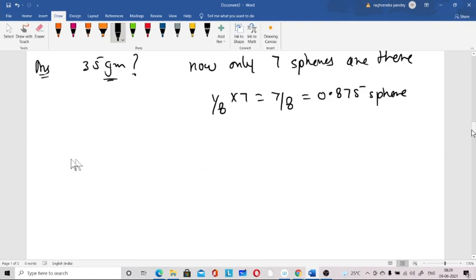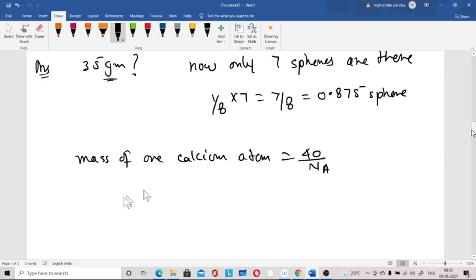Now the mass of one calcium atom is 40 by Na. Earlier it was one sphere, so now we have only 0.875 sphere. So what is the mass? 0.875 atom. You can take it as an atom, but an atom doesn't exist like this, it is just the theoretical meaning, don't take it literally.